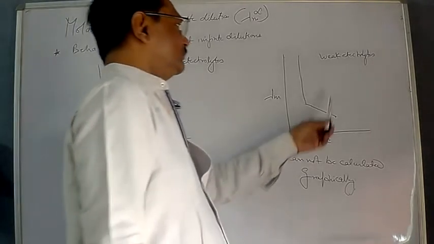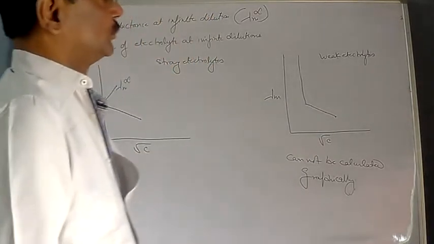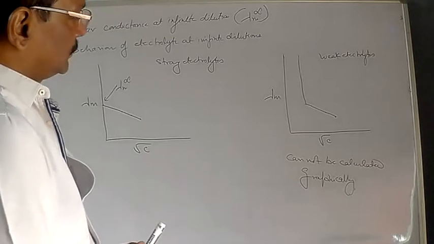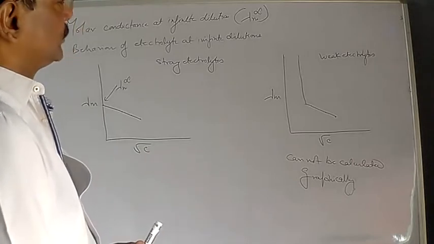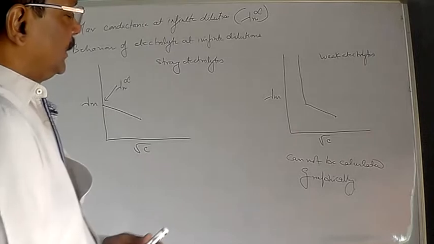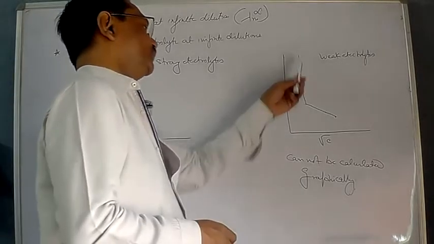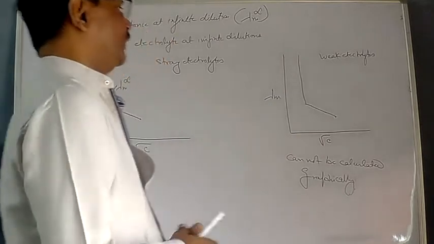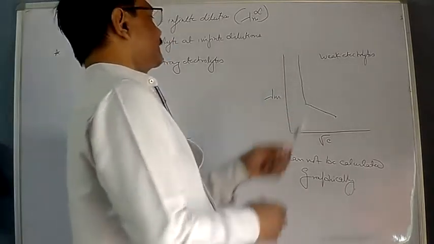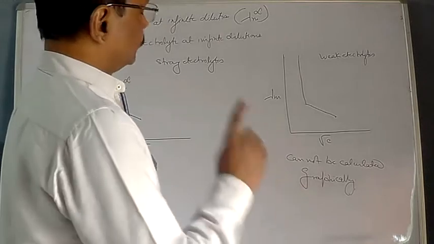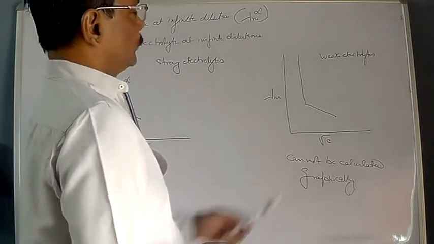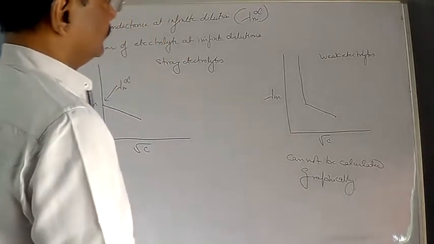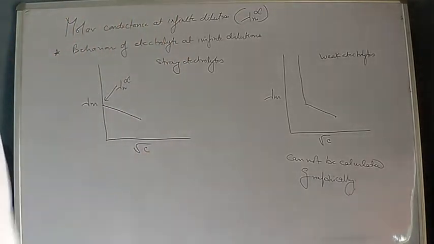But in the case of a weak electrolyte, since they are very little dissociated, as we go on diluting them, they show a manifold increase in dissociation of ions, and hence a manifold increase in conductance. Whenever they approach infinite dilution, the curve rises sharply and becomes almost parallel to the y-axis, and hence the molar conductance at infinite dilution for a weak electrolyte cannot be calculated graphically. So these are two major points.